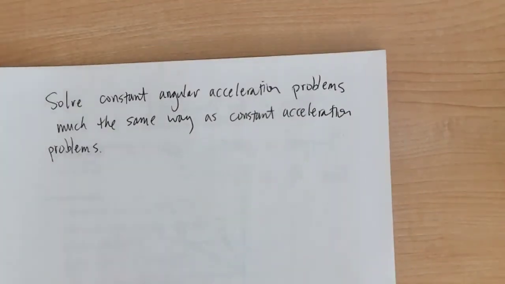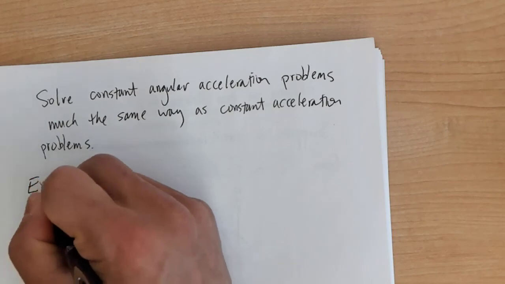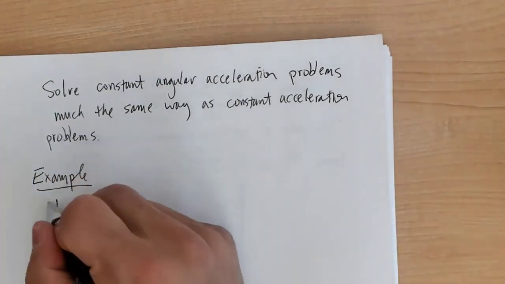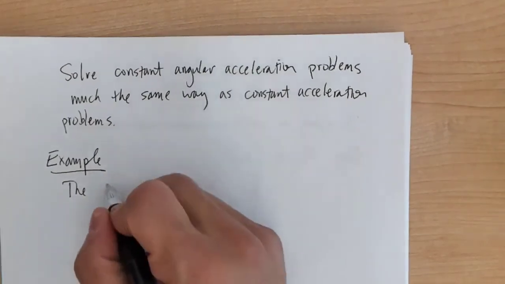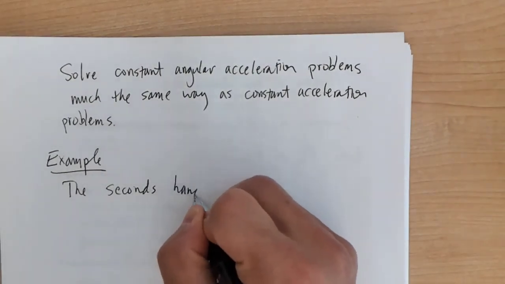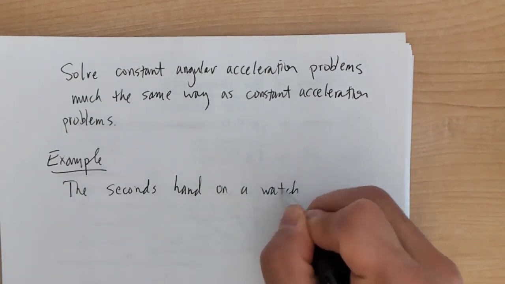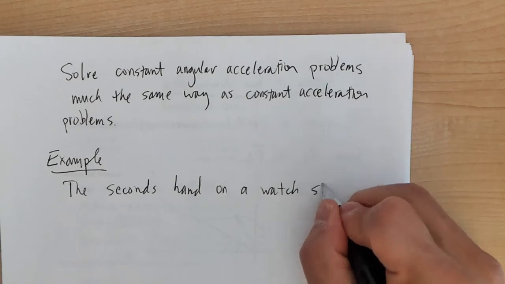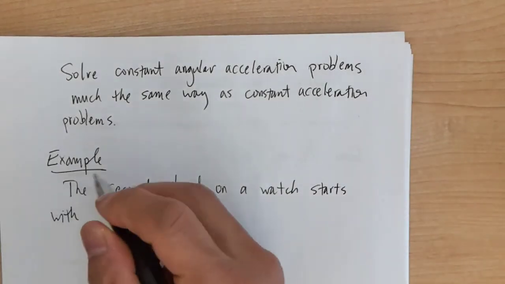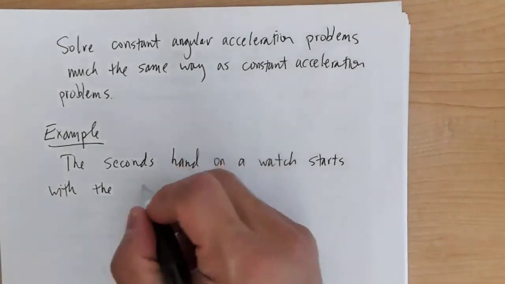Let's solidify this with an example. Let's say the seconds hand on a watch starts with proper speed. So this is an old-fashioned analog watch.